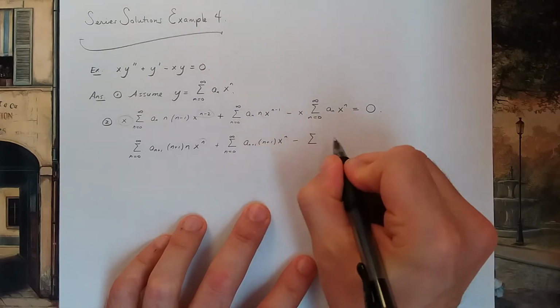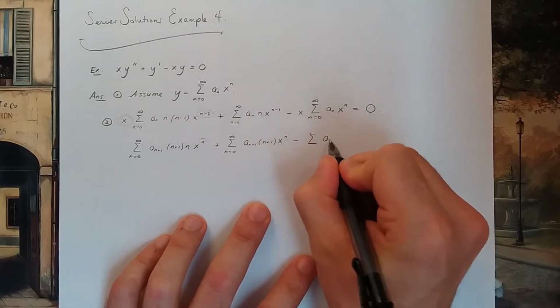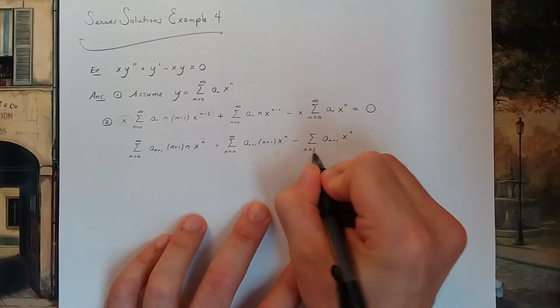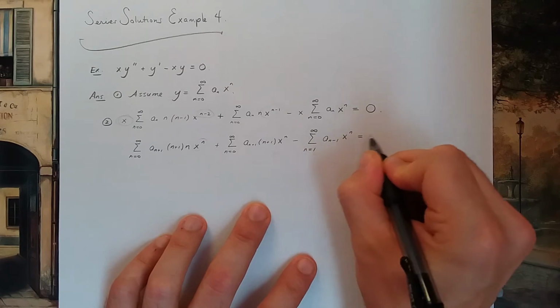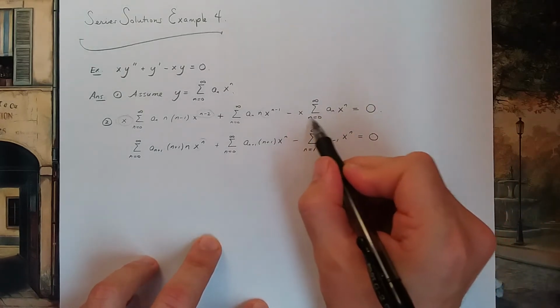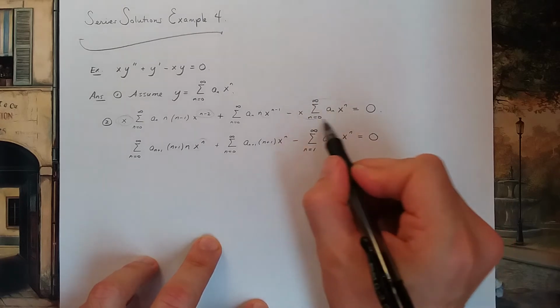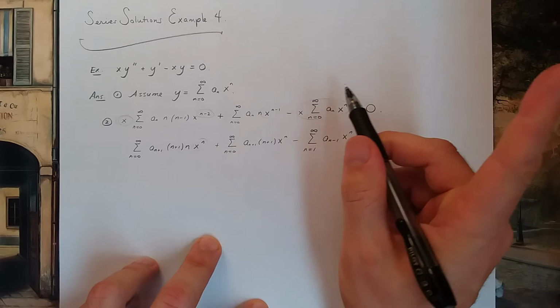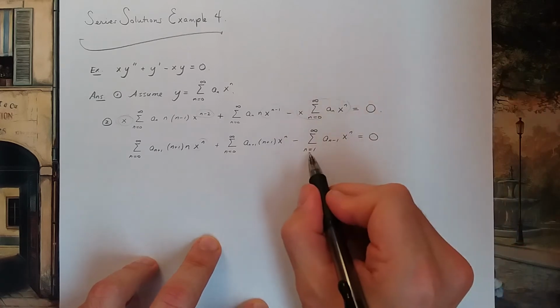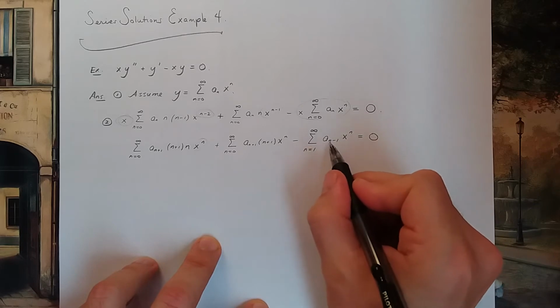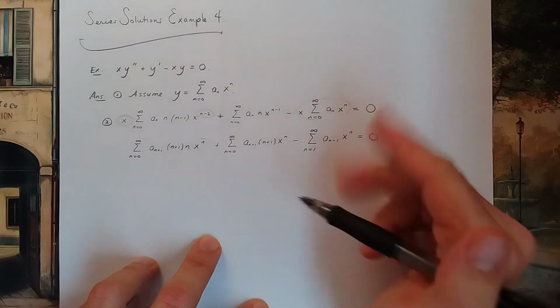This will be the sum of a_(n-1) x to the n, but I'm going to start the sum at 1. You can check that this is correct: if I plug in n equals 0 into the original term, I get a_0 x to the first. If I plug in n equals 1, the first term in the shifted series is a_0 x to the first, so it matches.